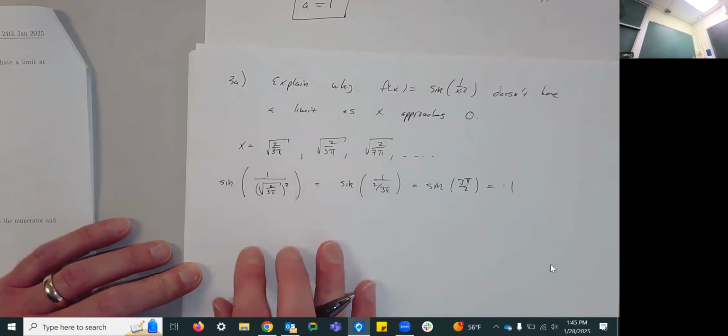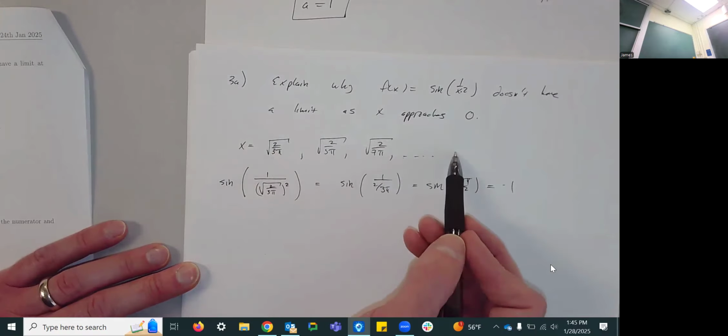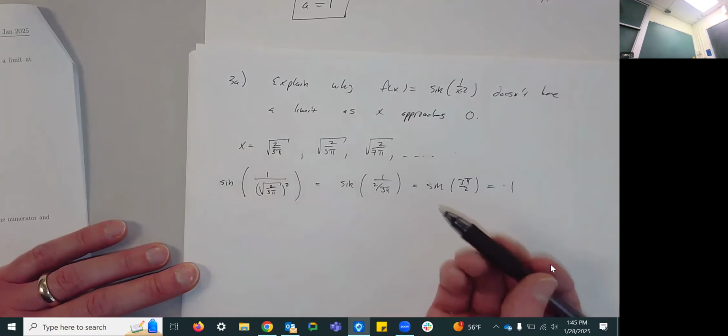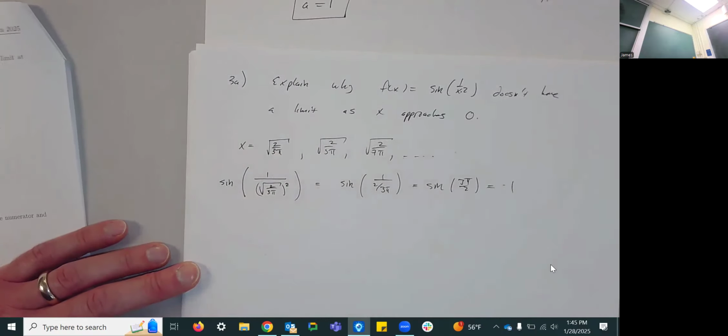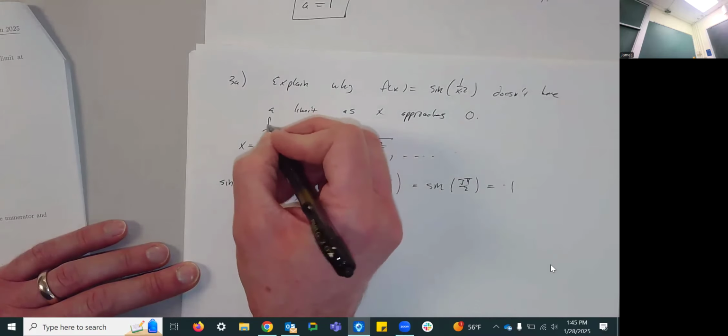So the point here is that we found an infinite number of points getting closer and closer to 0, where the output values go back and forth between -1 and 1. If you plug this one in, you're going to get f equal to -1.